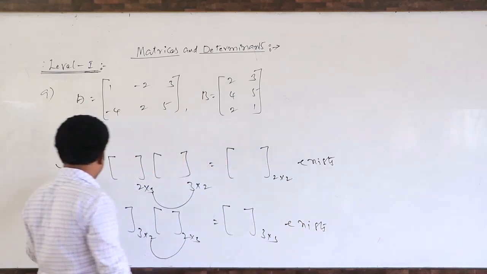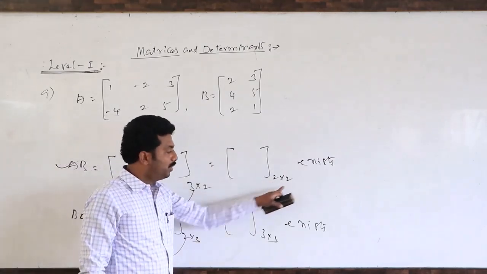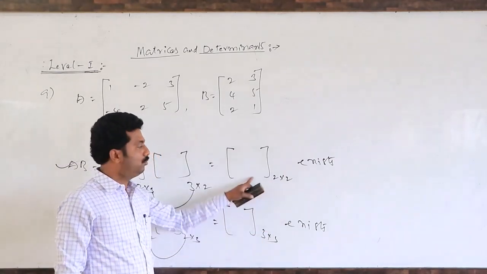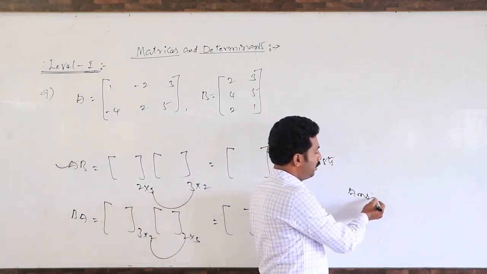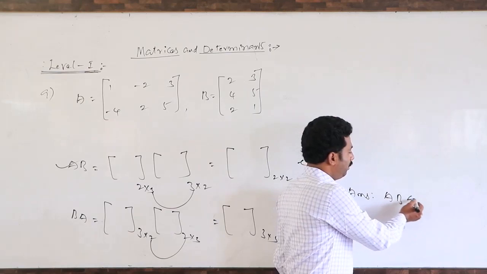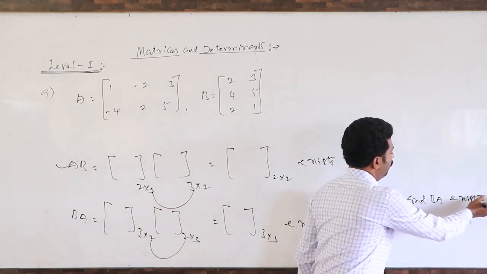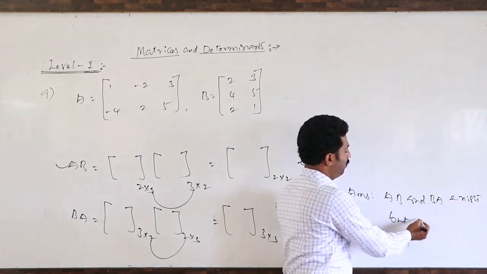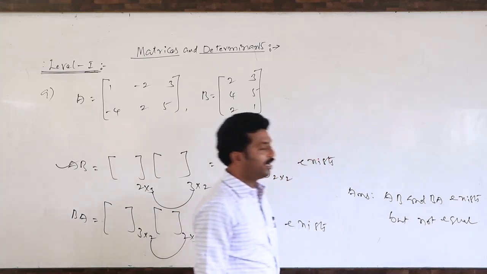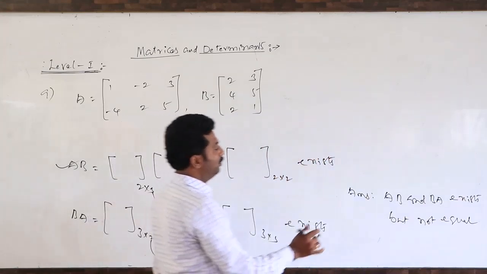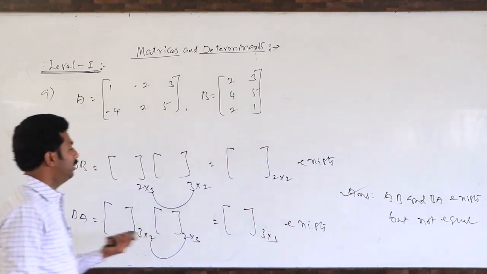So both AB and BA exist. Are they equal? They are not equal. This is a 2 by 2 matrix, this is a 3 by 3 matrix. So the correct answer: both AB and BA exist but they are not equal.